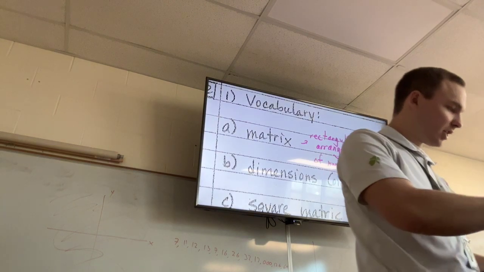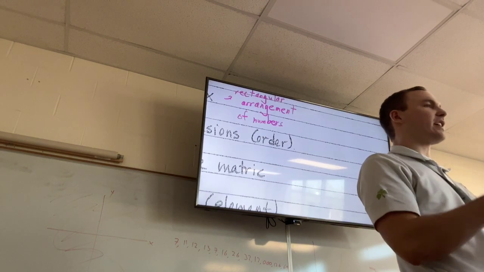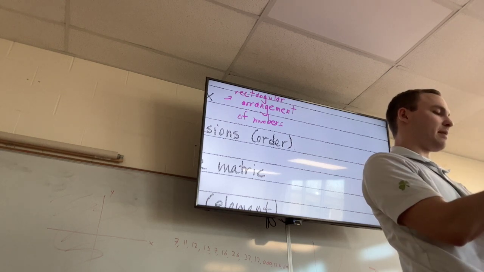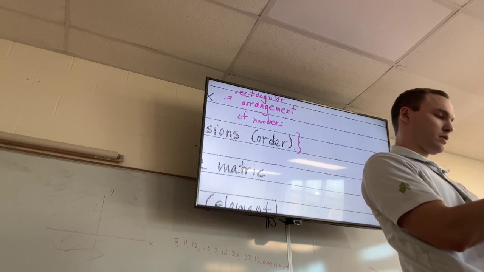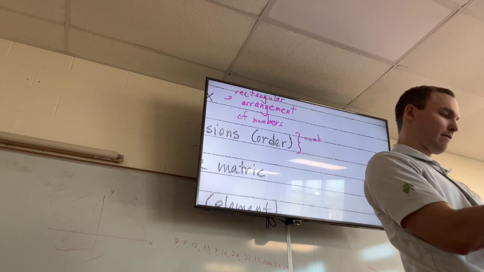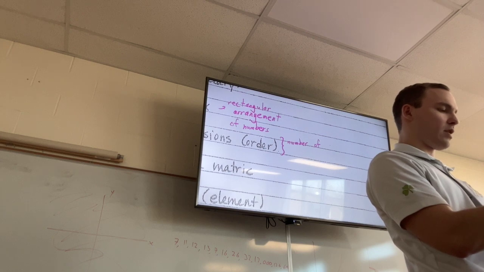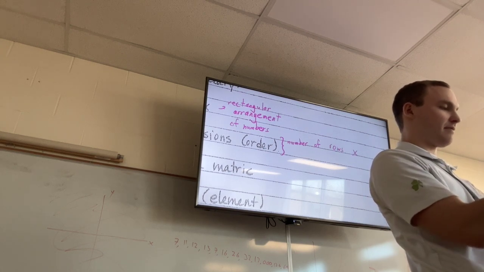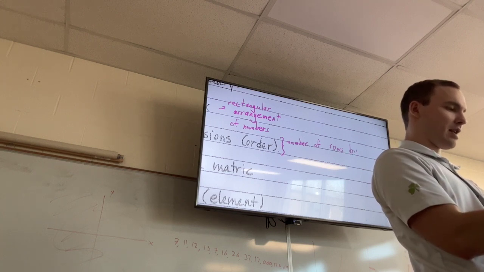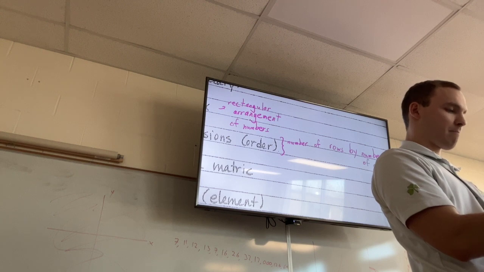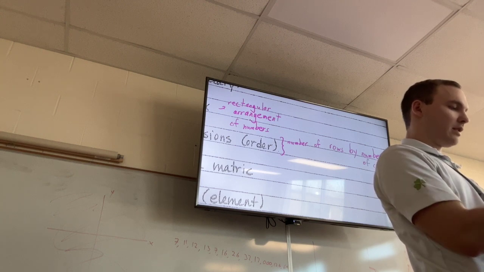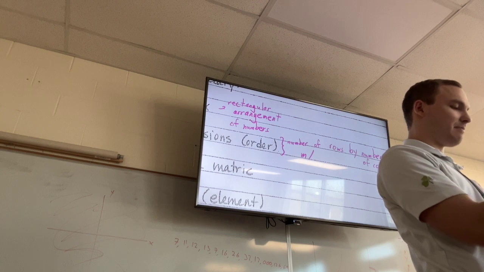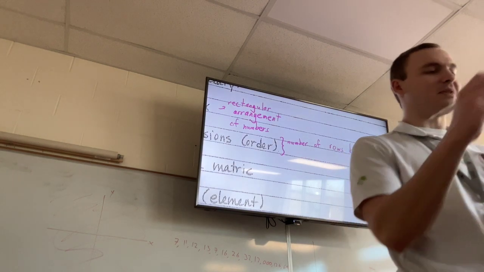So, dimensions. The dimensions of a square, that's width and length, same deal. Here it's the number of rows by, that's not a times, that's a by, the number of columns.